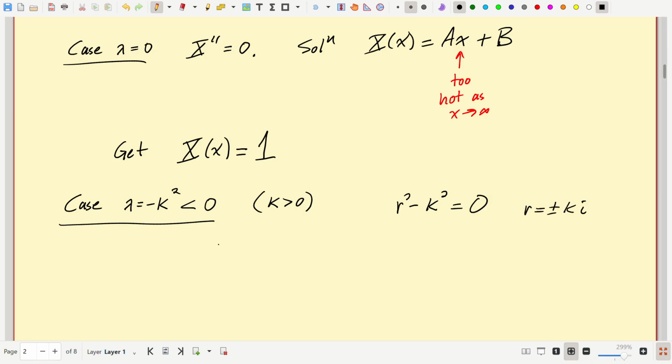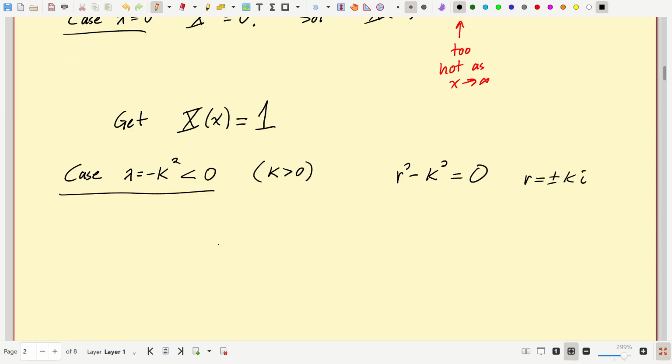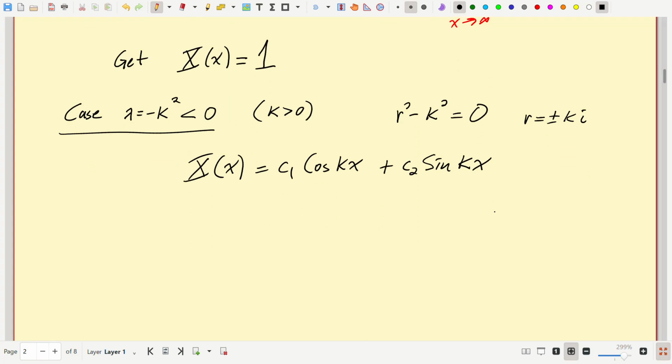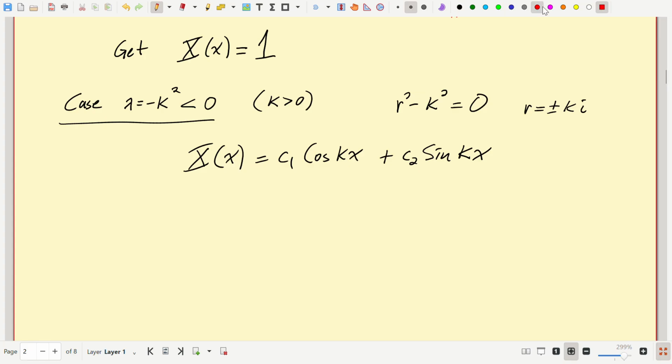And when we didn't like complex numbers so much earlier in the semester, we got X of x equals, I guess I'll use c's, c1 cosine kx. We got real solutions from the complex ones. But now that we're getting more comfortable with the complex version, let's be more daring.